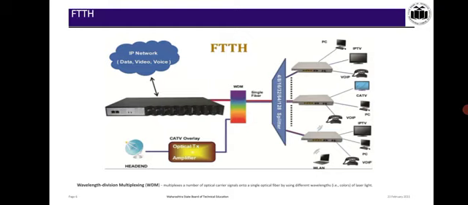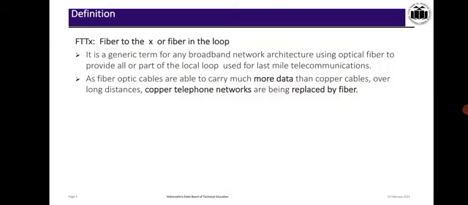It multiplexes a number of optical carrier signals onto a single optical fiber by using different wavelengths of colors or of laser light. And then that signal is optically transmitted to the splitter. In the splitter, that signal is split among the number of users or to the last mile telecommunications.